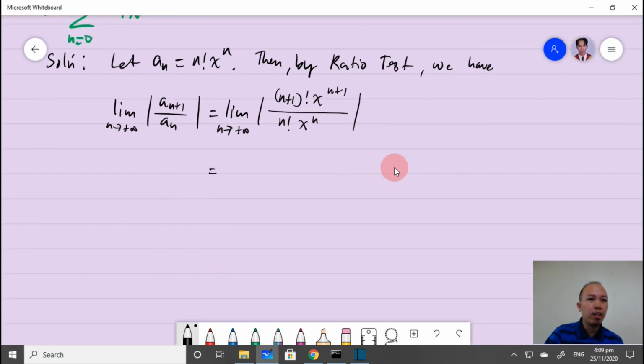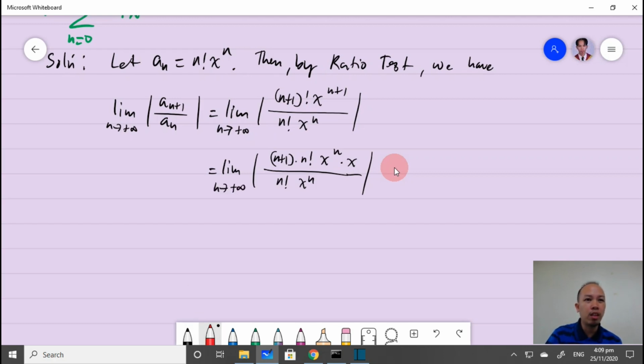Okay, simplify. So this will become n plus 1 times n factorial, and x to the n times x. Copy the denominator as n approaches positive infinity.